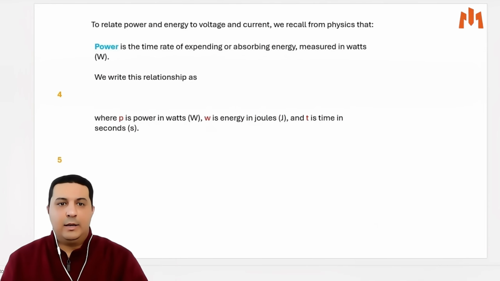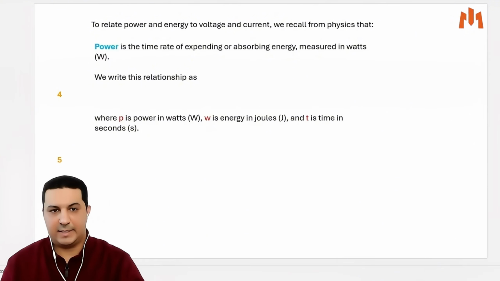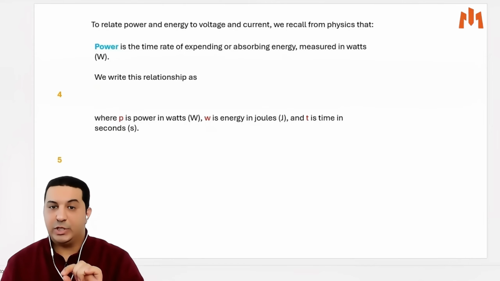So, to relate power and energy to voltage and current, we recall from physics that power is the time rate of expending or absorbing energy, measured in watts.